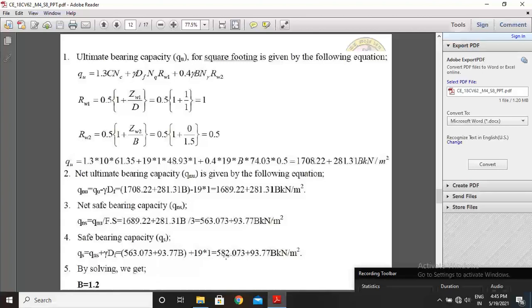So now we are getting the values in terms of B, that is 582.073 plus 93.77 times B in kilonewton per meter square. Then by solving we get B is 1.2 meters. Okay, so that is based on the above equations. By solving we are getting B is 1.2 meters.